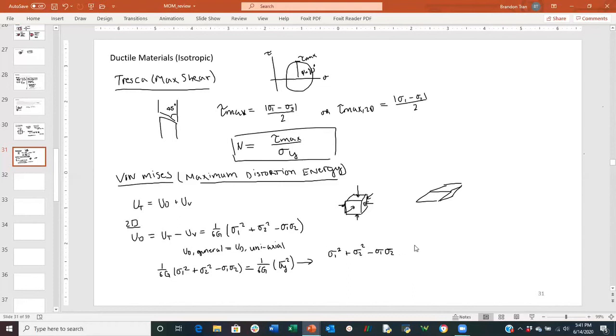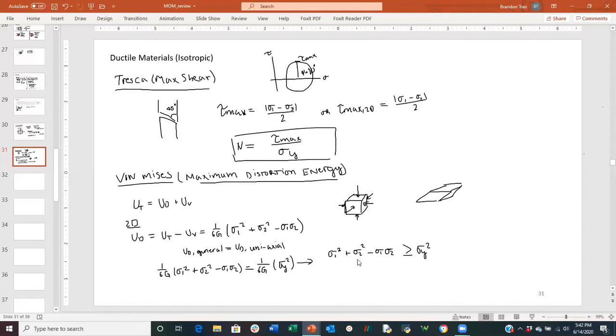That whole equation must be greater than, or if it fails, equal to the yield strength squared. So that's the criteria to determine maximum distortion energy failure for a ductile material.